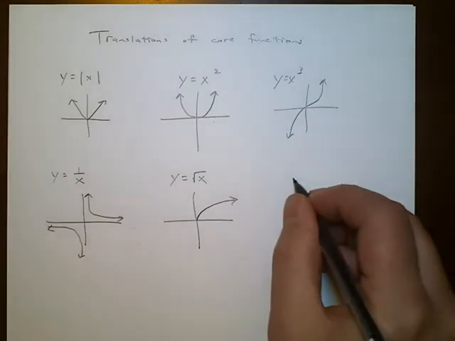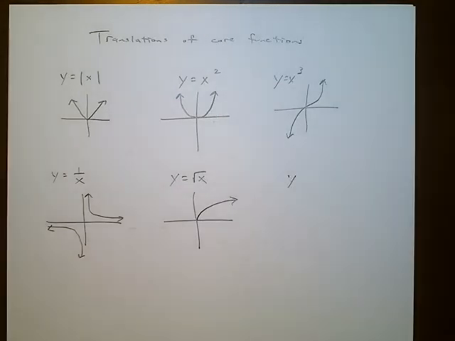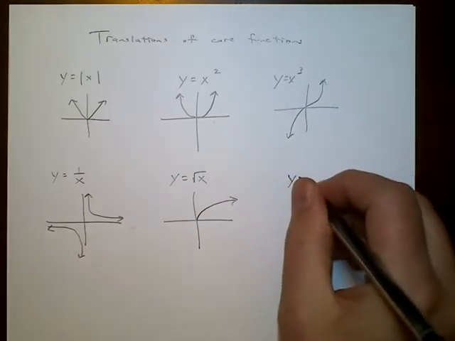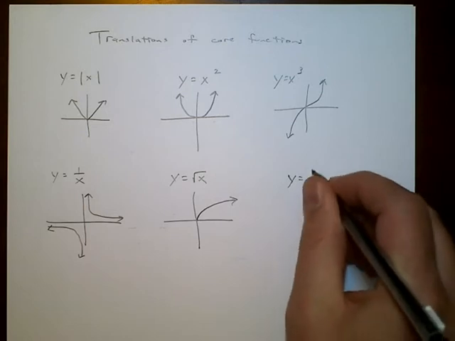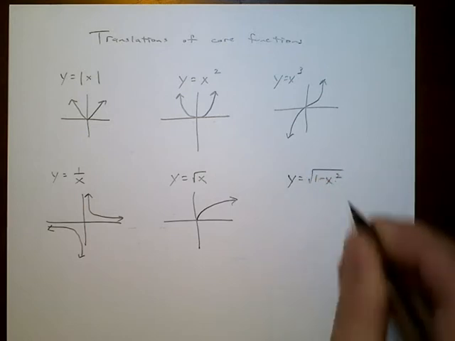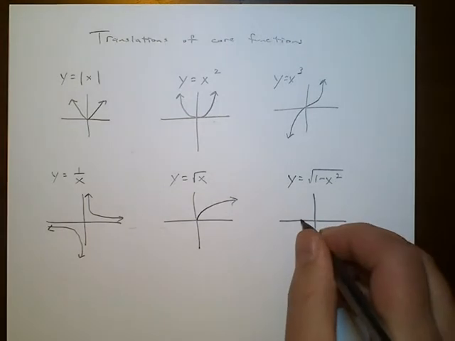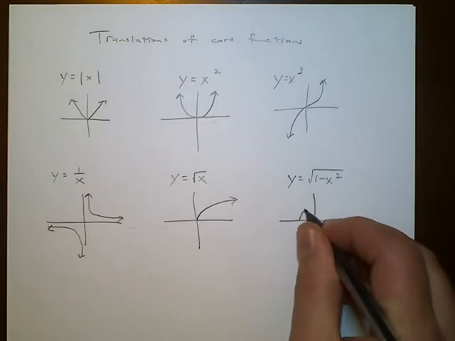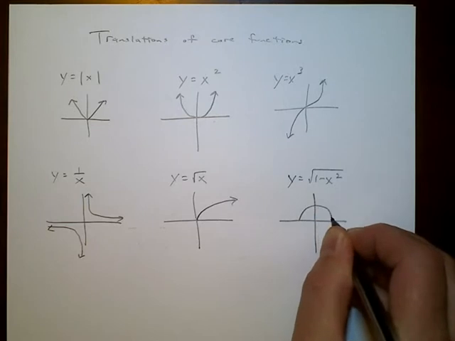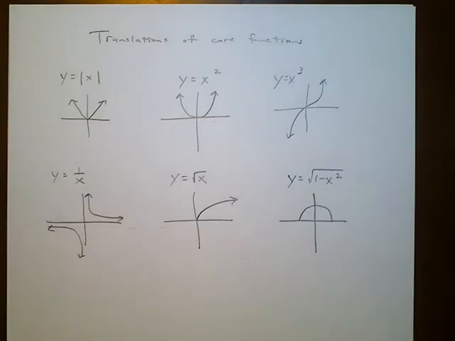And then some of you probably were taught the core function, some of you maybe not, but y equals the square root of 1 minus x squared. And that is kind of half of an upside down circle. It goes from negative 1 on the x-axis to 1 on the y-axis, back to 1 on the x-axis. So those are our 6 core functions, and we're going to translate them.